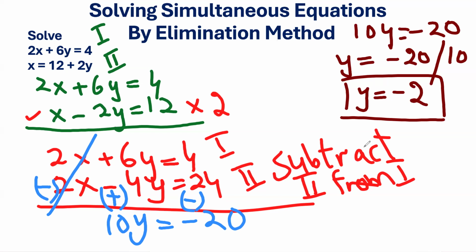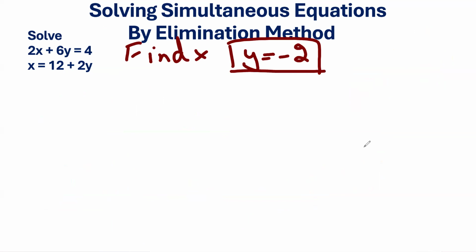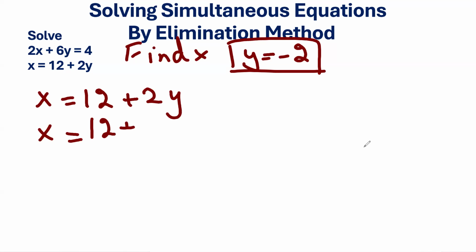Y is negative 2. Find x now. Use equation number 2 to find x. Equation number 2 is x is equal to 12 plus 2y. What is the value of y?